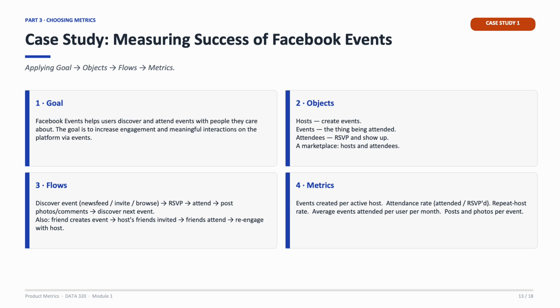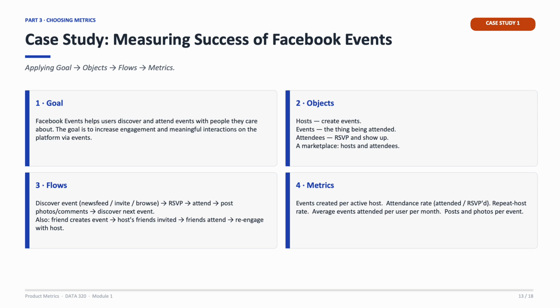Repeat host rate is for the question, is it sticky for hosts? Average events attended per user per month is for the question, is the attendee side healthy? Posts and photos per event measures engagement during the event itself.